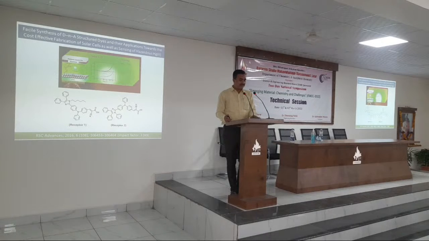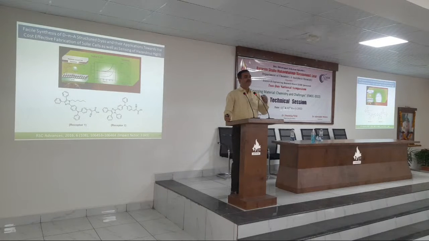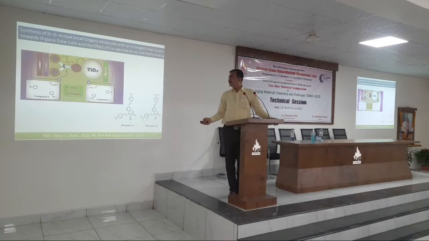Just synthesize the molecule and test the solar cell application. We don't have the facility to do that, but you can synthesize some molecule, put it on a plate and send it to other people who are working on solar cells. They will perform all the characterization and you will get the results. In this way, you can do some of the work.